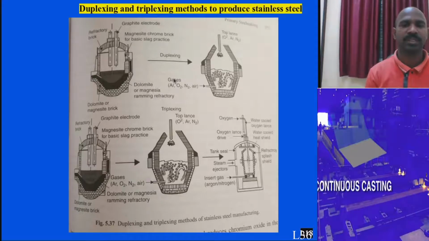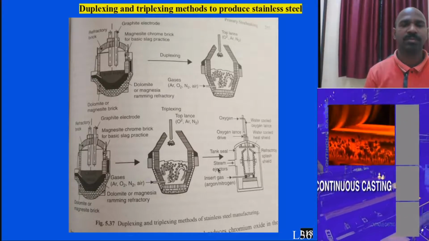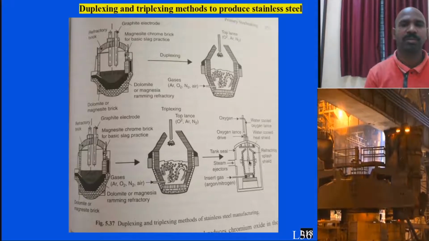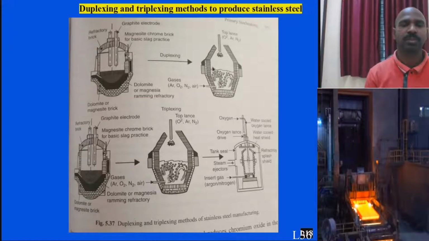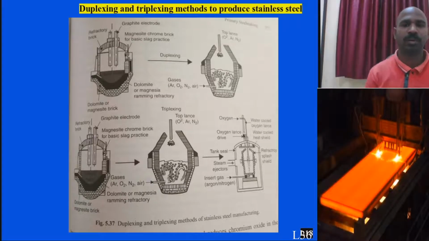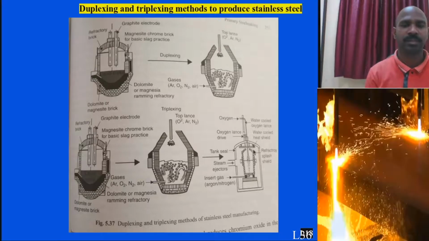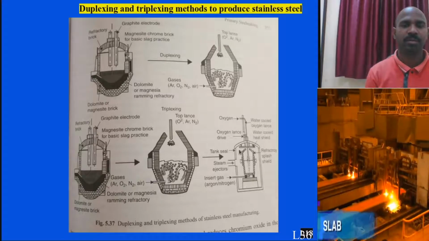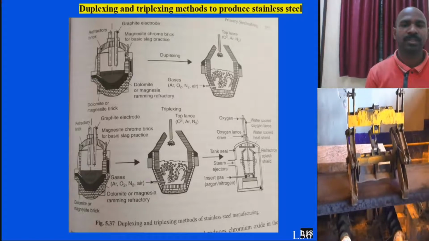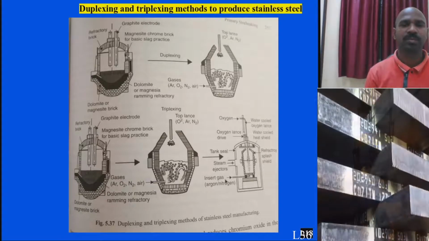For those, you include another vessel called the VOD vessel, vacuum oxygen decarburizer. AOD means argon oxygen decarburization vessel. Here also carbon will be reduced, but the basic difference is that the carbon is reduced to a very low level because of the vacuum.